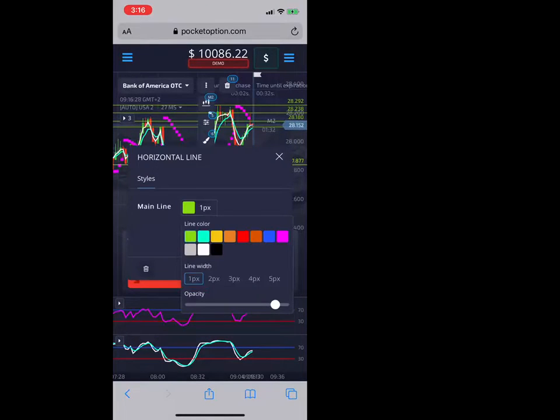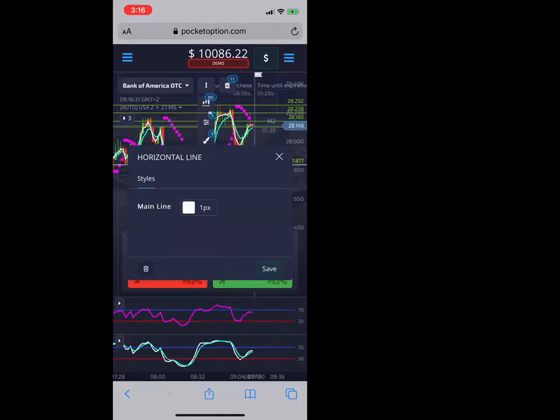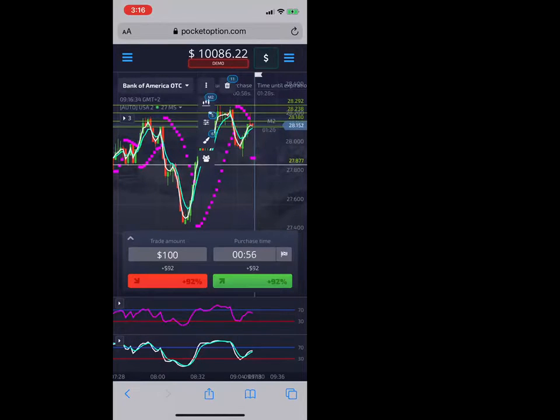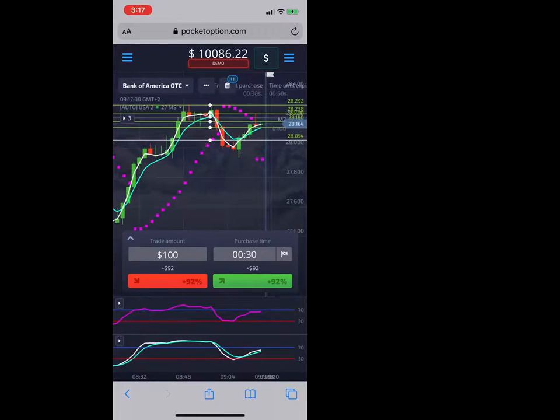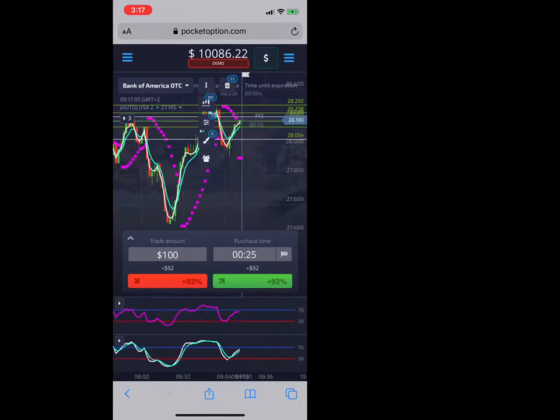This one is going to be white. All right, so it's a double parabolic here. My next double parabolic will be here. And then I'll jump to my 5-minute. I really need to create one more. I'm going to change this to a white zone then.